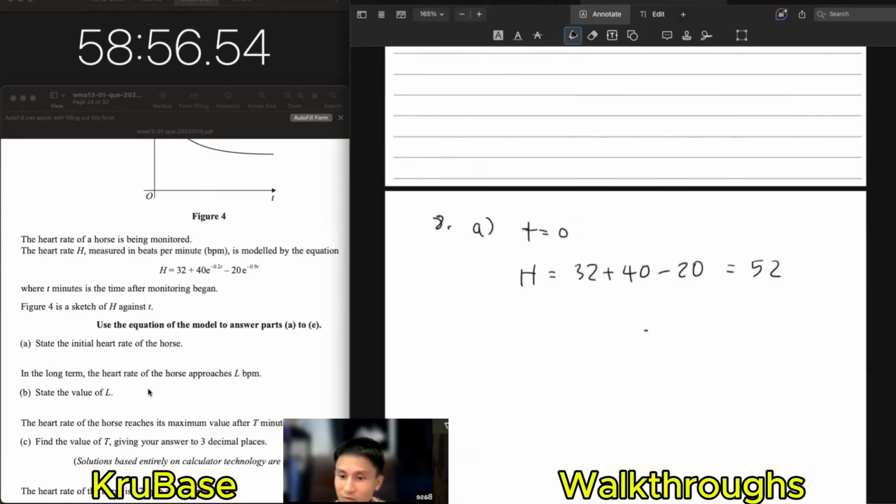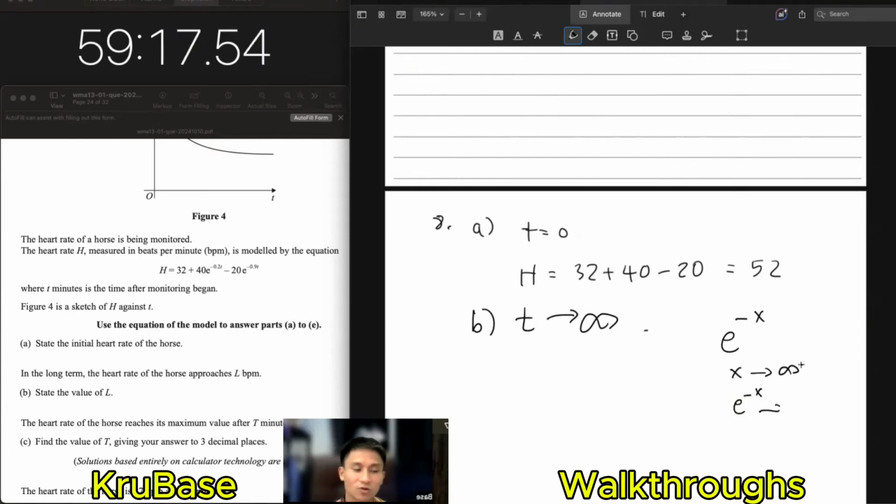In the long term, the heart rate of the horse approaches L BMP, beats per minute. State the value of L in the long term. So in the long term, it means that T would approach infinity or some large value. Now, guys, when you have e to the minus x and x approaches infinity, e to the minus x will approach 0, because the graph looks like that.